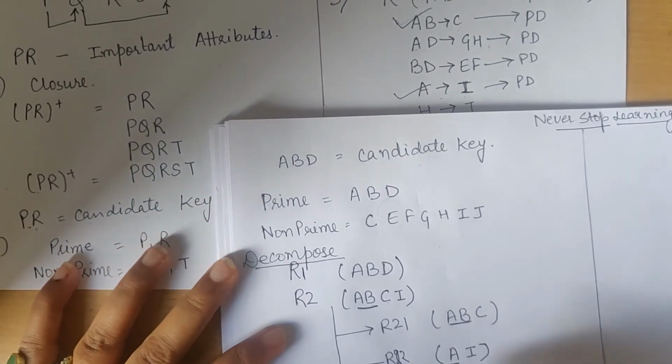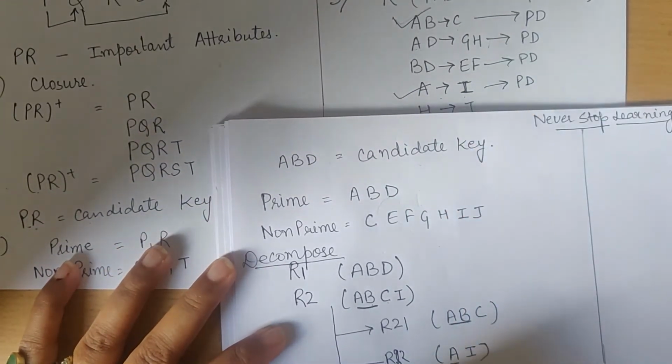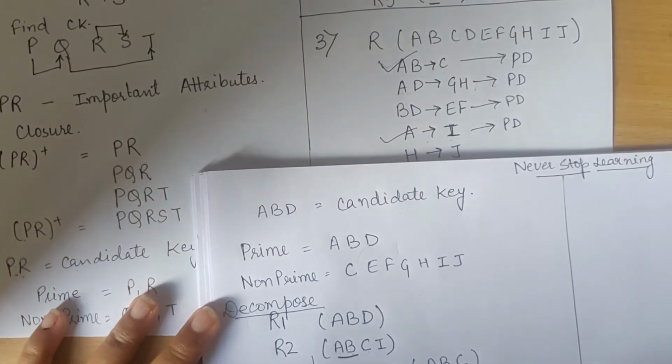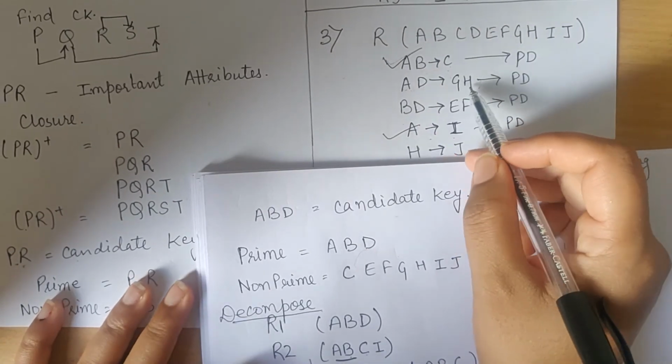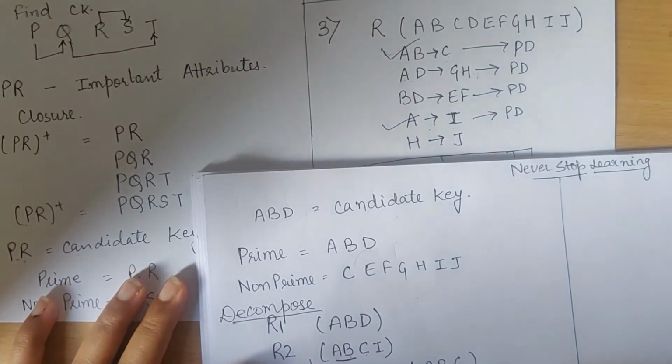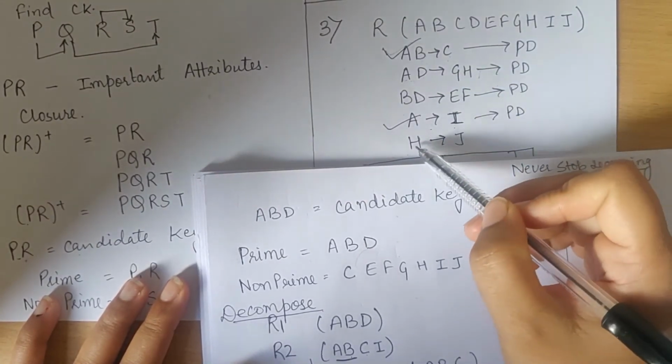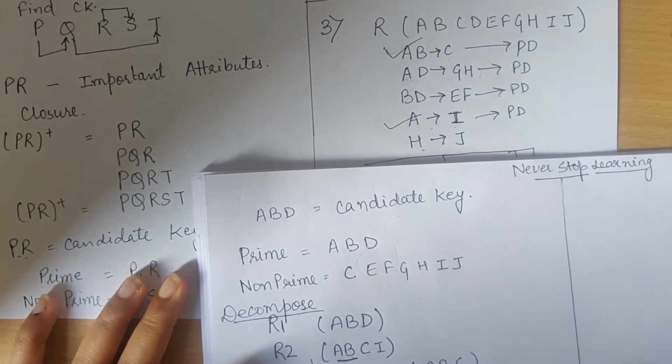Next, who is creating a problem? AD is creating a problem. So I will create R3 for AD and make AD the key. AD determines GH. Fine. Now does GH determine something? No. But H is determining J, so J I will also accommodate here.